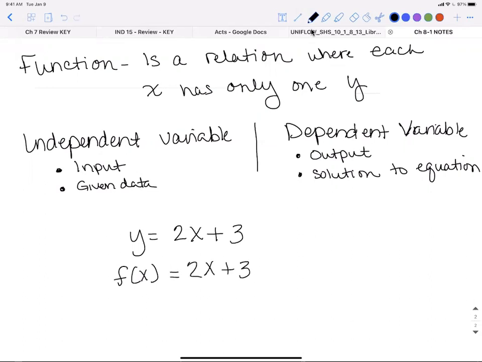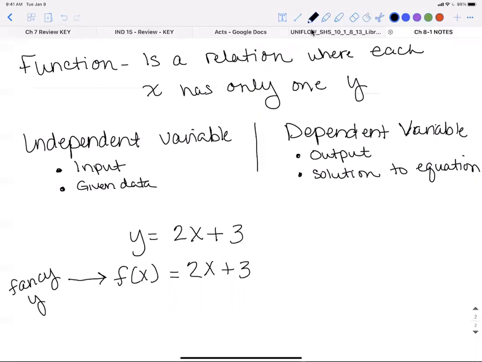I want you to realize that these are the exact same thing. When you see f of x, I want you to draw an arrow to the f of x and write the words fancy y, because that's all it is. It's a fancy math notation for the y. So y equals 2x plus 3, and f of x equals 2x plus 3 mean the same thing.